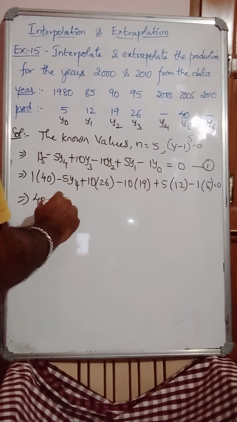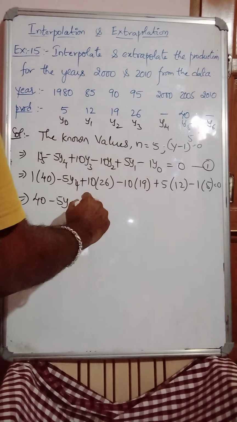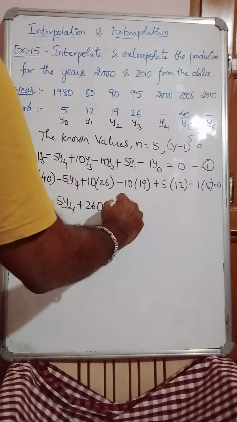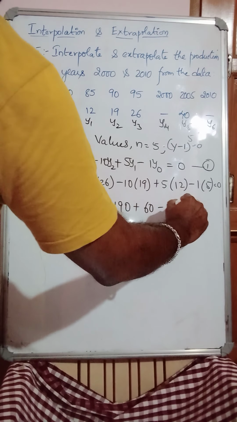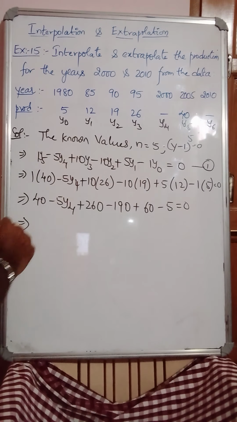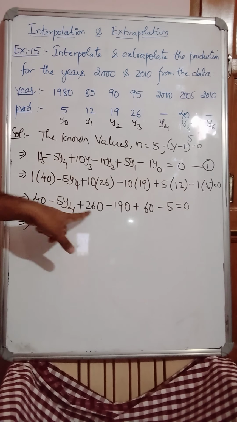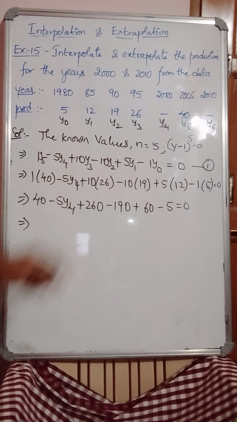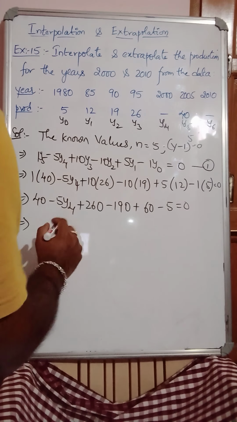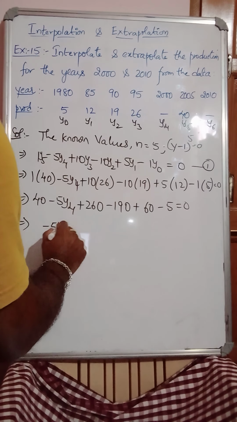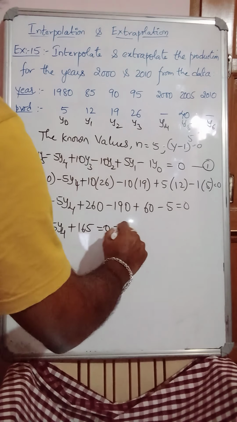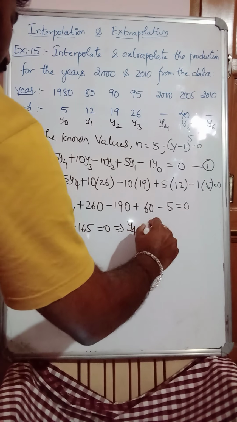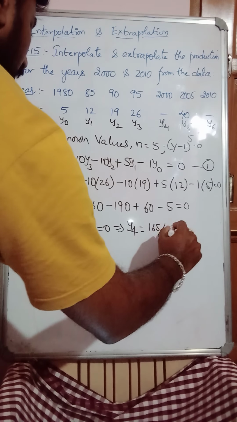So 40 minus 5y4 plus 260 minus 190 plus 60 minus 5 equals 0. So 40 plus 260 is 300, 300 minus 190 is 110, 110 plus 60 is 170, 170 minus 5 is 165. Y4 equals 165 by 5.